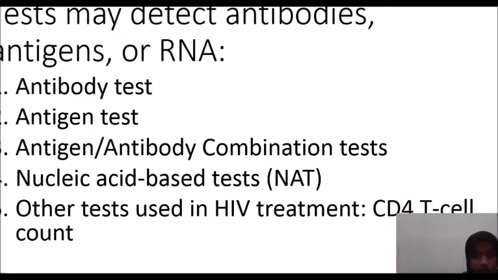So the first step to do this antibody test: the person's serum or blood is diluted 400 fold and applied to a plate to which HIV antigen has been attached first.